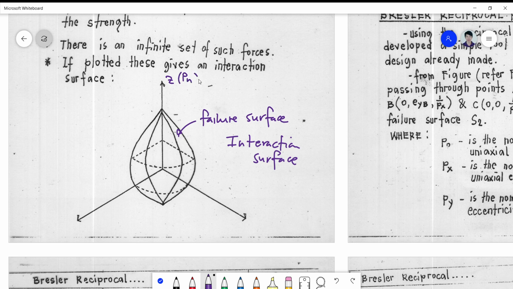Your X axis here is normally the Mny, and your other axis here is your Mnx. So something like this will be your analogy on the XYZ coordinates and the Pn, Mnx, Mny coordinates.